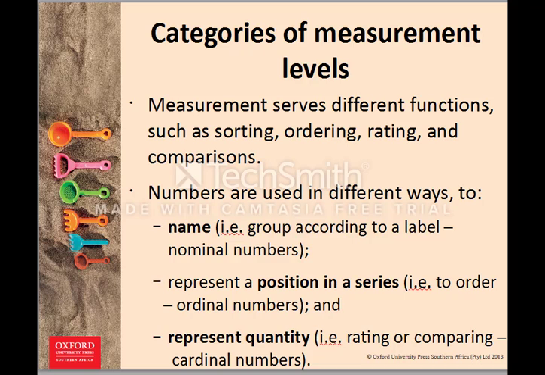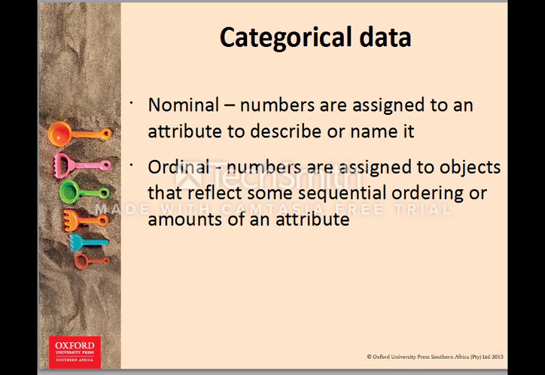So we can represent quantity. We can simply say, oh, and if you get $0, that's a ratio. So finance can be ratio. There's an absolute zero. You can have no money. So yeah, we can represent quantity, and then we can rate or compare, and we can do a lot more advanced stats with the ratio data.